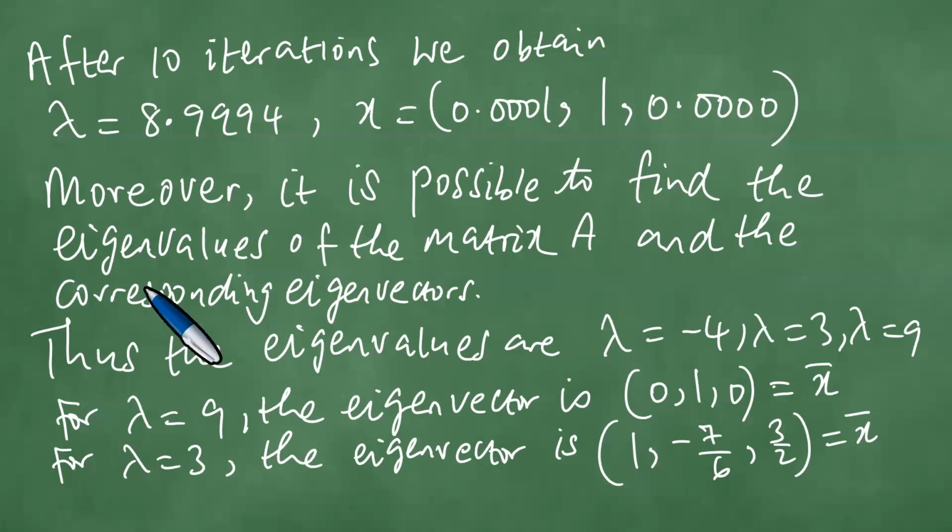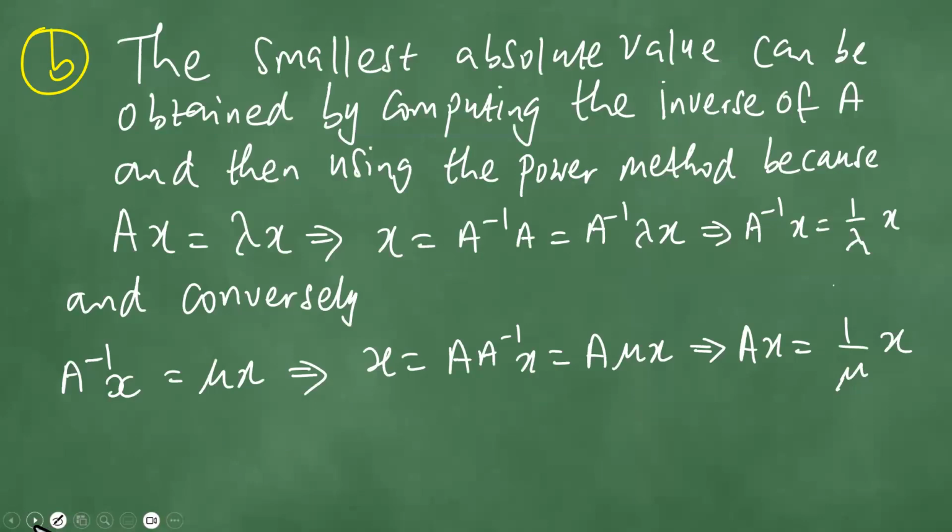It was an 8.99 after 10 iterations, meaning we're very close to the 9. It's a very interesting observation that indeed the dominant one of the largest magnitude is 9, and we're close to it using the power method. So the power method converges to the most dominant, but also, if we're looking for the eigenvalue of least absolute value, we are sure the power method also converges accordingly.